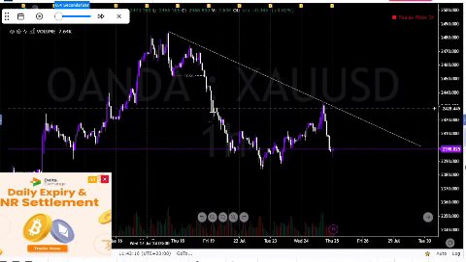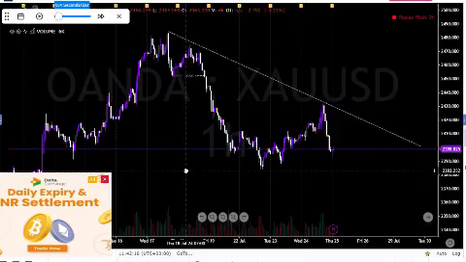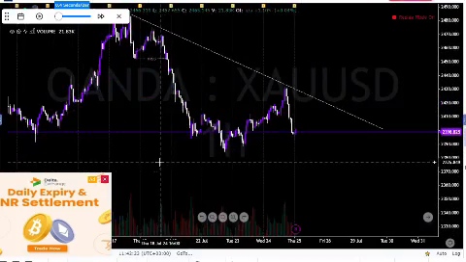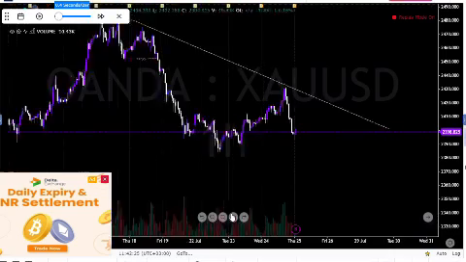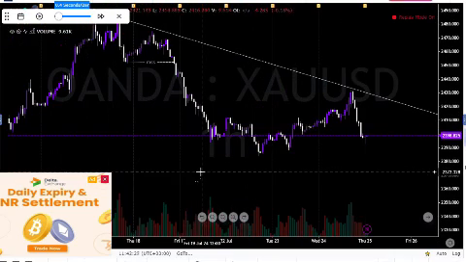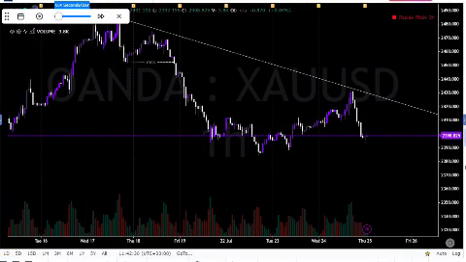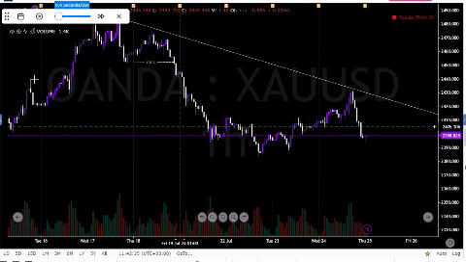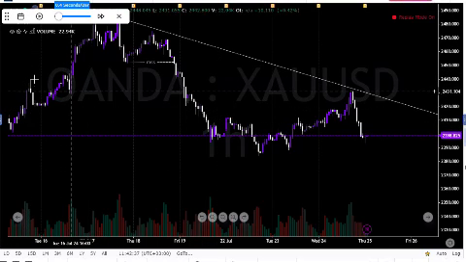So we draw another trend line down here. We have to show the direction in which the market is moving. Let me place it somewhere here.